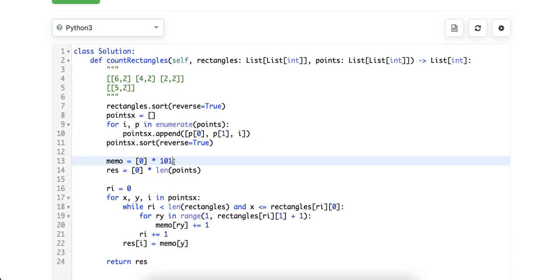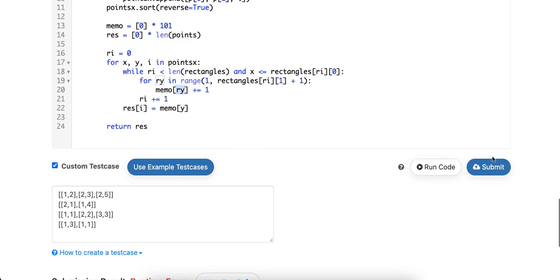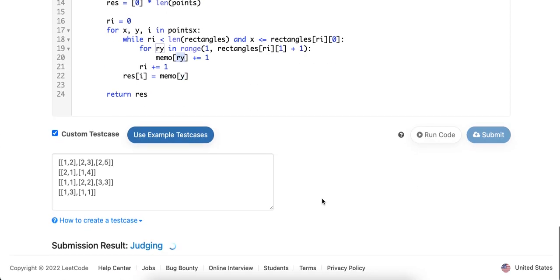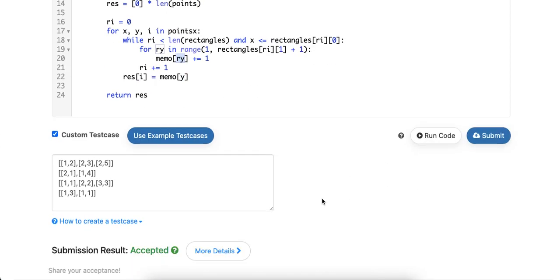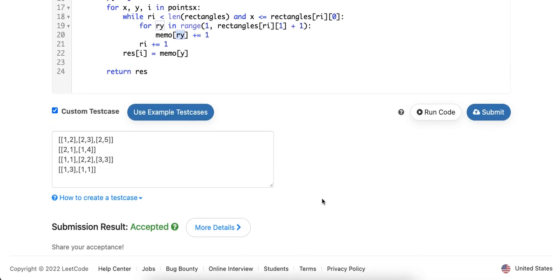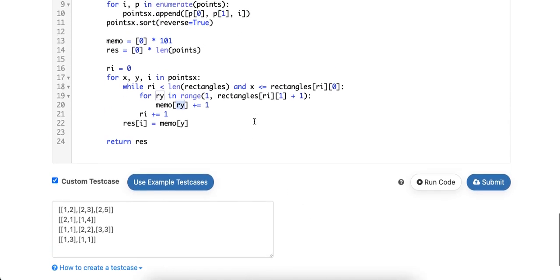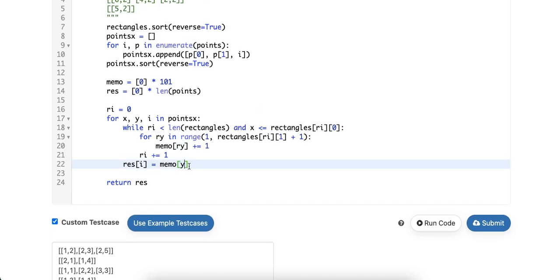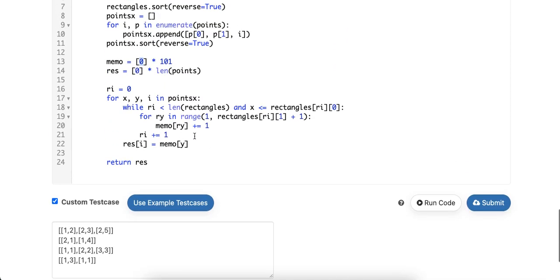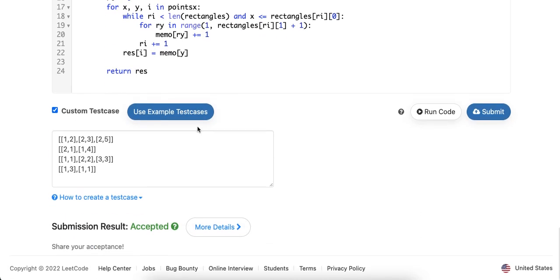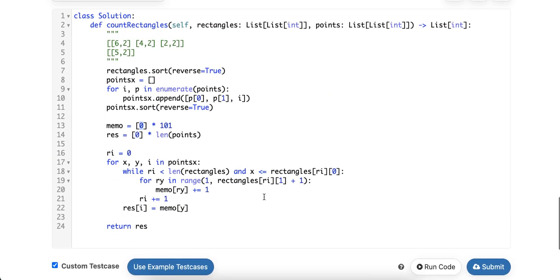So I actually need 101, so I have index 100. The reason we need that is so that I don't need to do y minus 1. So I'll just make this 101. The 0th one is never going to be used, but it's a small footprint. And that's how we solve it.